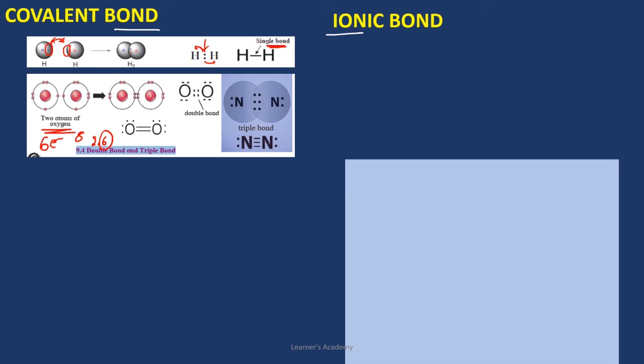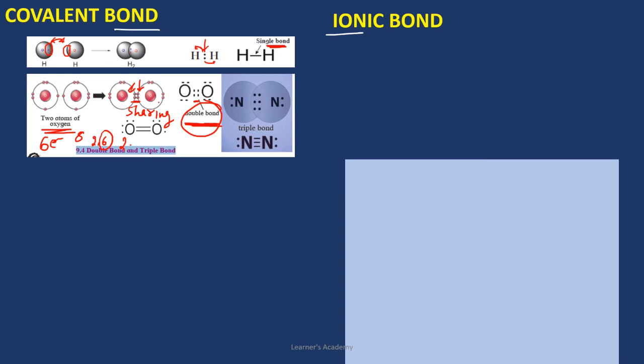It needs 2 electrons, and the other oxygen atom also needs 2. So there will be sharing of 2 electrons, and because 2 electrons are involved in sharing, there is a double bond.